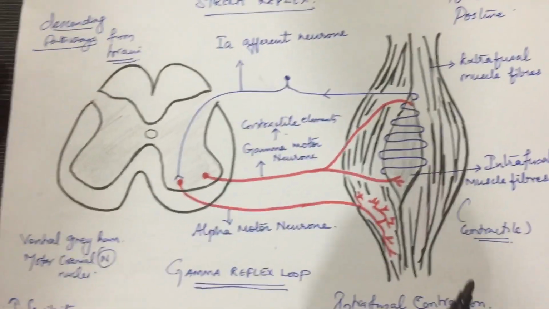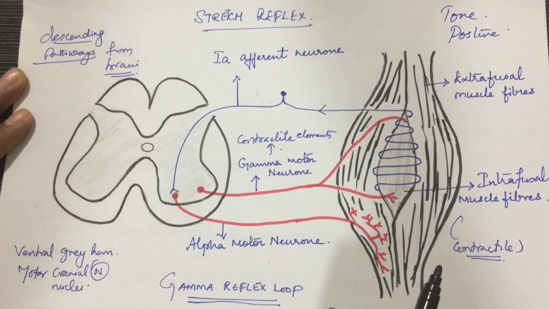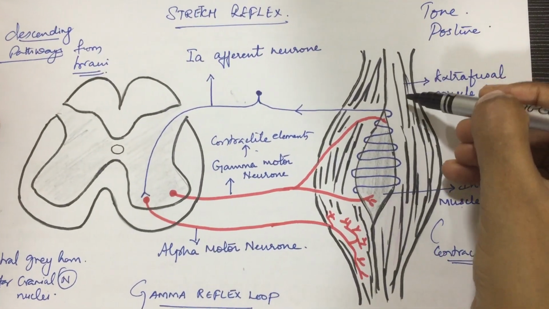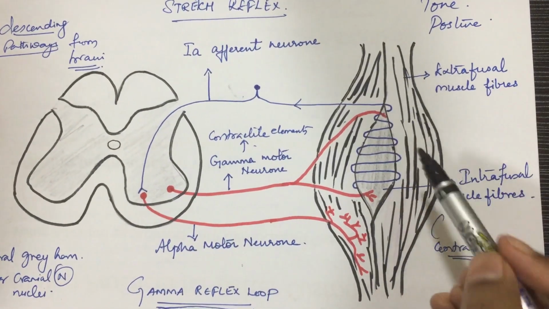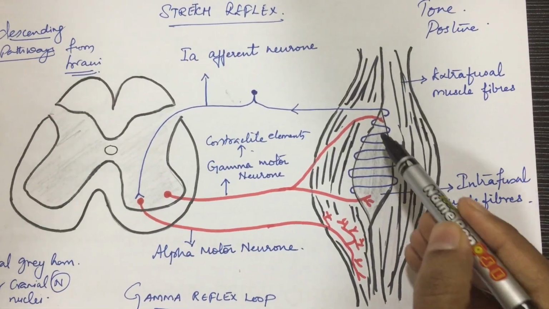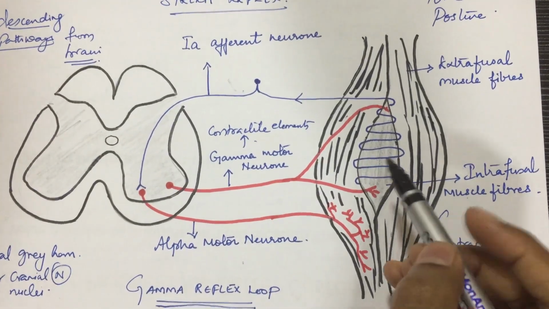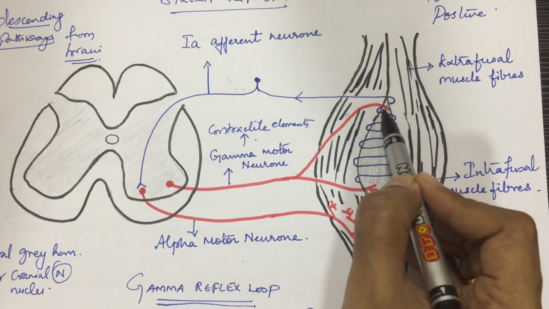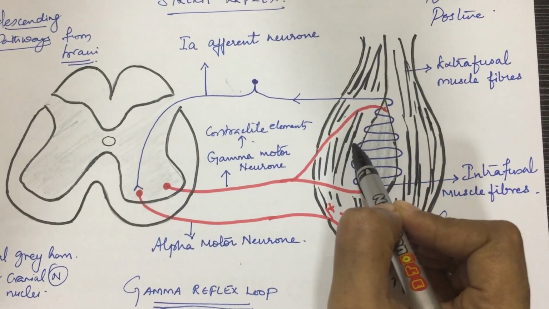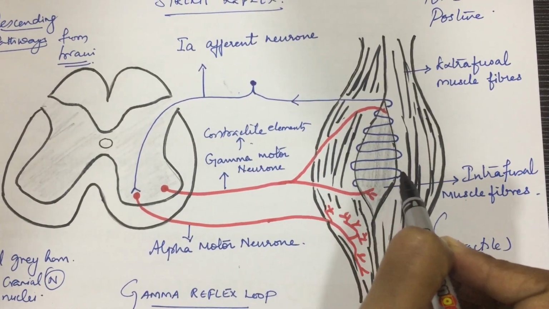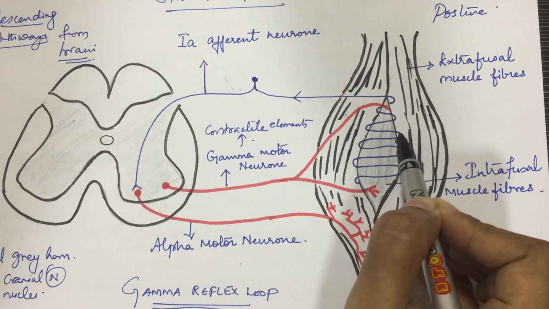So, let us see what a stretch reflex is. As you can see, this is the muscle and these are the extrafusal muscle fibers. This is the encapsulated intrafusal muscle fiber. The sensory nerve endings are attached to the non-contractile element of the intrafusal muscle fibers.